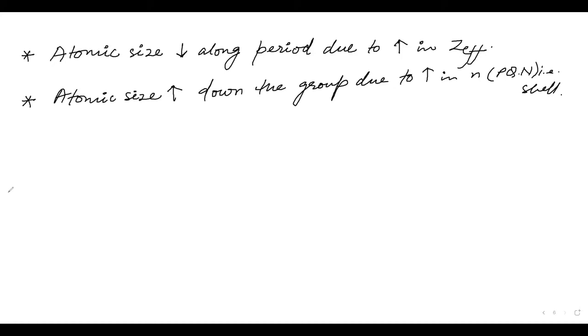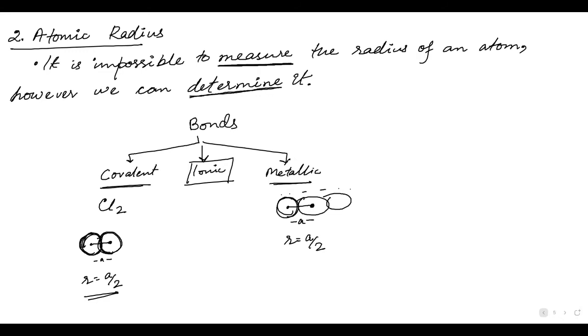So what about the previous slide? Want to write the previous slide also? Okay, write this statement: it is impossible to measure the radius of an atom. However, we can determine it. So what does determine mean? Determining means that if somebody asks you to prove it, show me how chlorine has this much radius, measure it, then it is not possible.